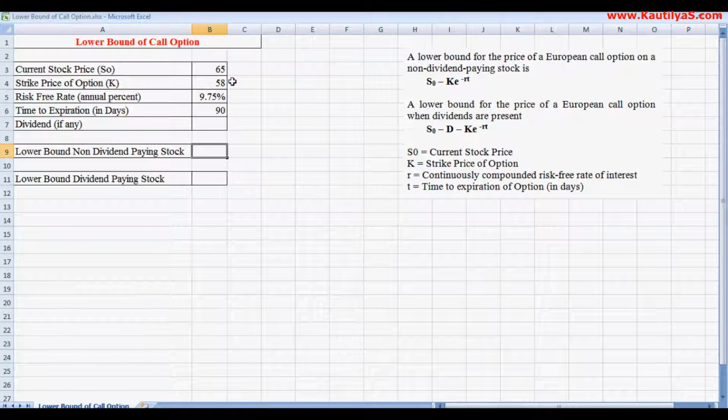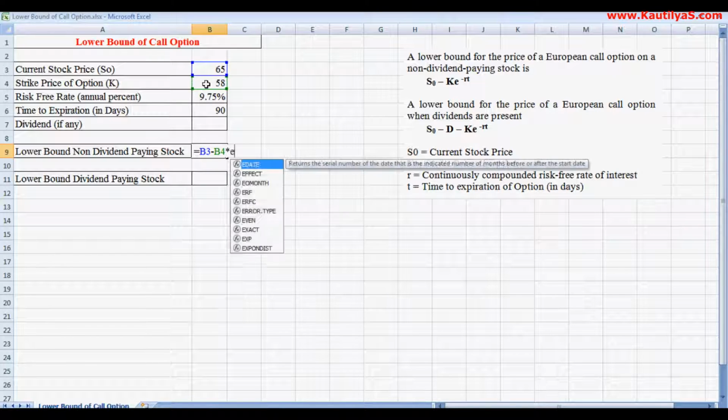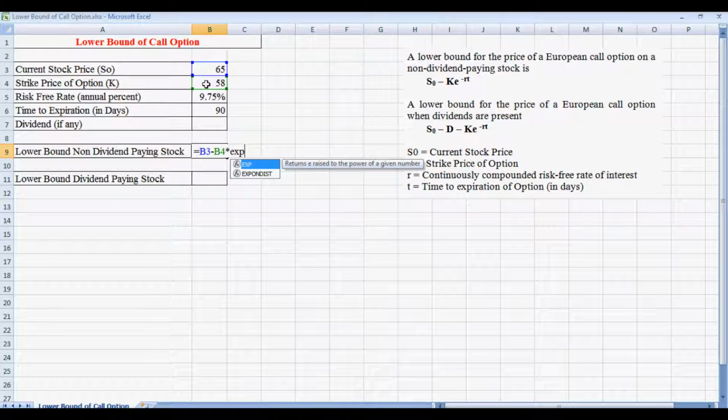So our lower bound equals current price minus strike price into EXP, which is an Excel built-in function to calculate the exponential value, minus R, the annual risk-free rate, multiplied by T, the time to expiration, divided by 360.